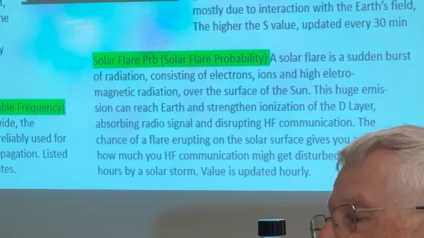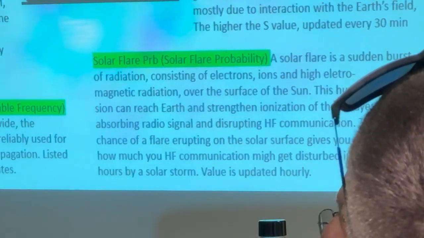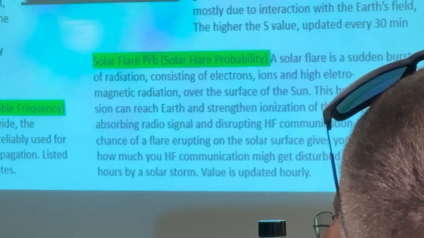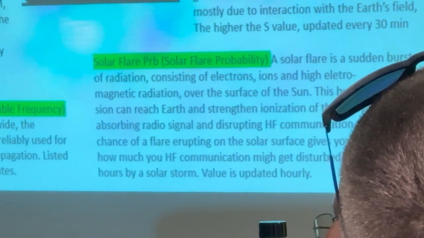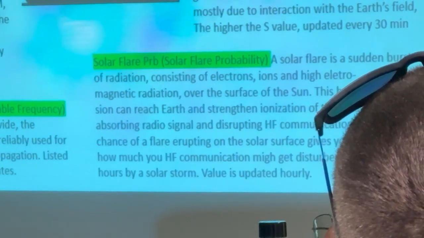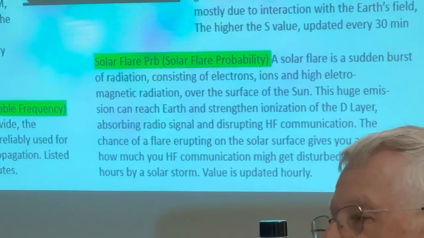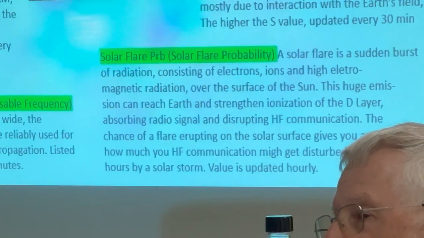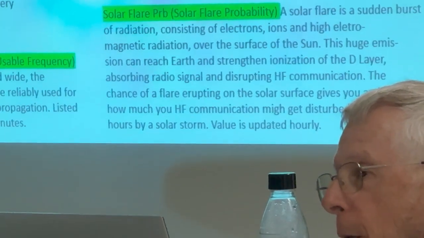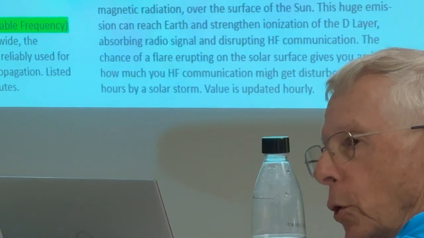Some of the sunspots there have very stable magnetic fields, and then you have sunspots which have magnetic fields with a number of negative and a number of positive areas, and these are generally the ones that will produce the maximum solar flares, the M class and the X class solar flares.